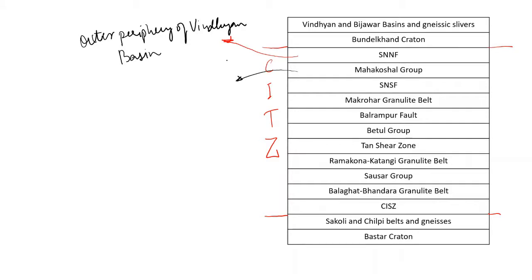it is east northeast, west southwest trending. The northern and southern boundaries of the Mahakoshal Supergroup are marked by the Son Narmada North Fault and Son Narmada South Fault, respectively. These both faults together constitute the Sona fault system.